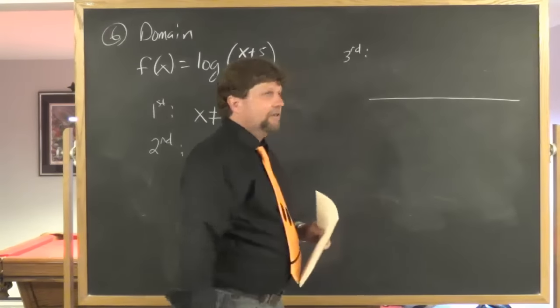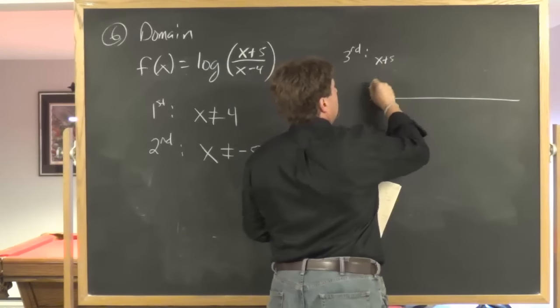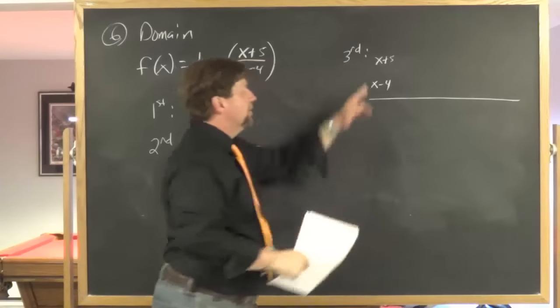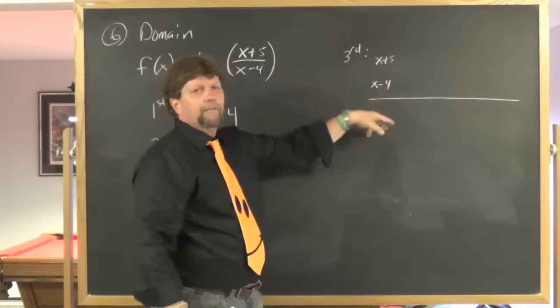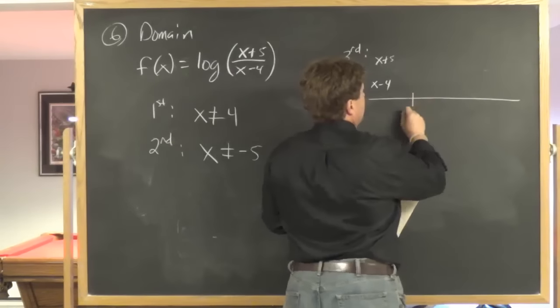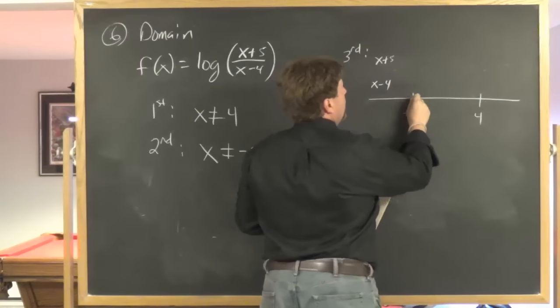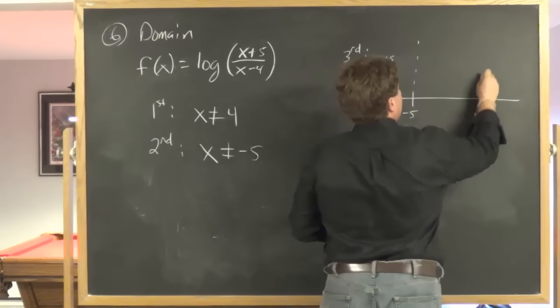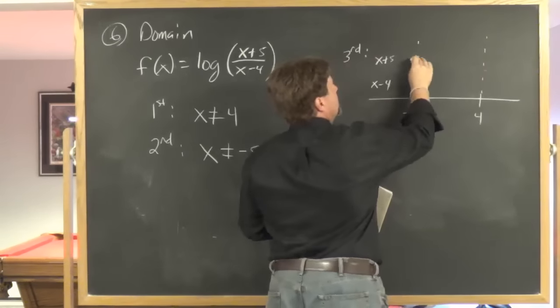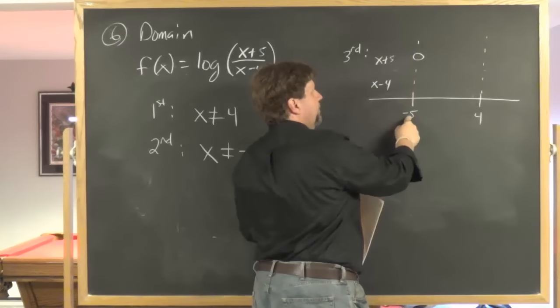Remember, to solve a rational inequality, I kind of put my completely factored numerator and completely factored denominator on the side, and then I find negative 5 on the number line and 4. And if you remember, I made dashed lines, and then I put a 0 here, because x plus 5 is 0 at negative 5.